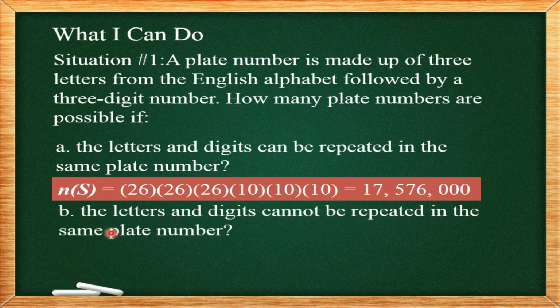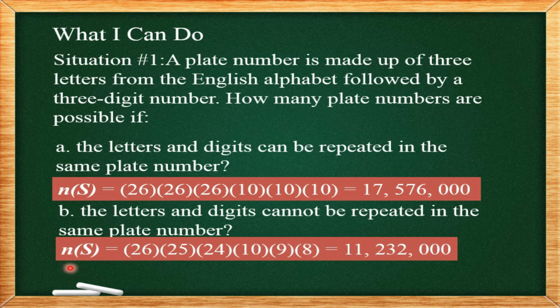Okay, next one. What if the letters and digits cannot be repeated in the same plate number? Like, it has to be A, B, C, 3, 4, 5. No letters, no digits can be repeated. So, there.